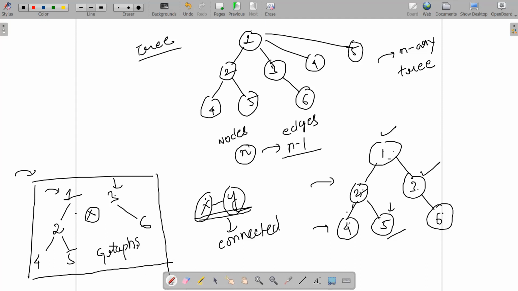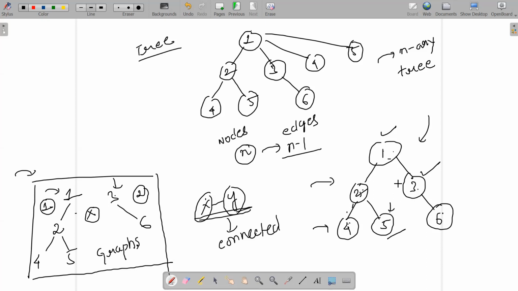The two different components are part of a single graph, but they are discontinuous. This is my component 1, and this is my component 2. Two different components comprising the same graph. So a tree is a special kind of graph with some constraints: every node has to be connected to every other node.